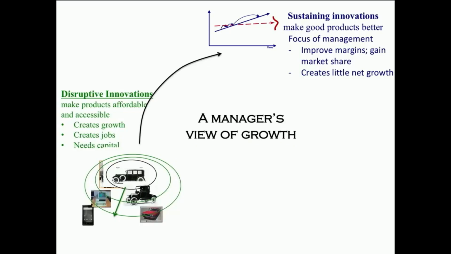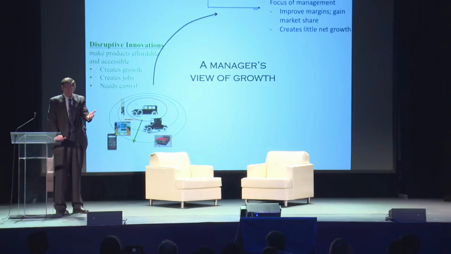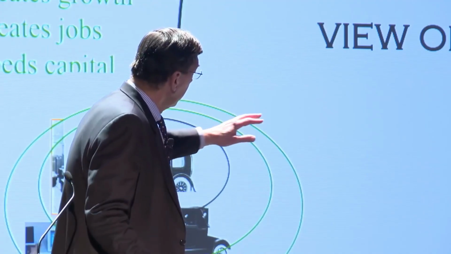Just imagine that I'm a salesperson for Toyota, and I convince you to buy a Prius hybrid. If I succeed in selling you that, then you won't buy a Camry. If you buy the next generation of my product, which is better, then you won't buy the last generation, which wasn't as good. And so sustaining innovations are very critical. They have a role, but they don't create growth or jobs.